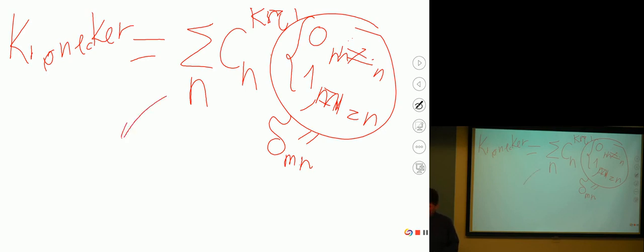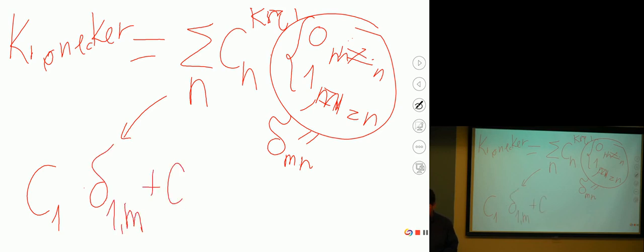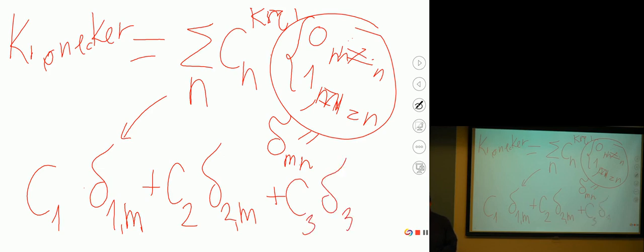Can we write it this way? Open the summation. C sub 1 times delta 1 m plus C2 delta 2 m plus C3 delta 3 m, and continue as long as I have questions.